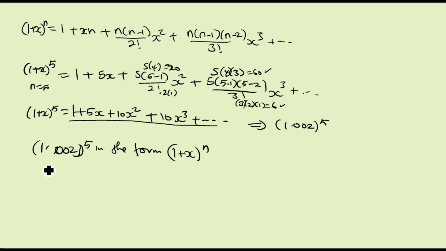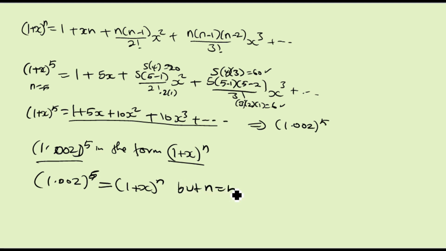Alright, now writing this equation in the form (1 + x)^n, we take 1.002^5 and equate it to (1 + x)^n.